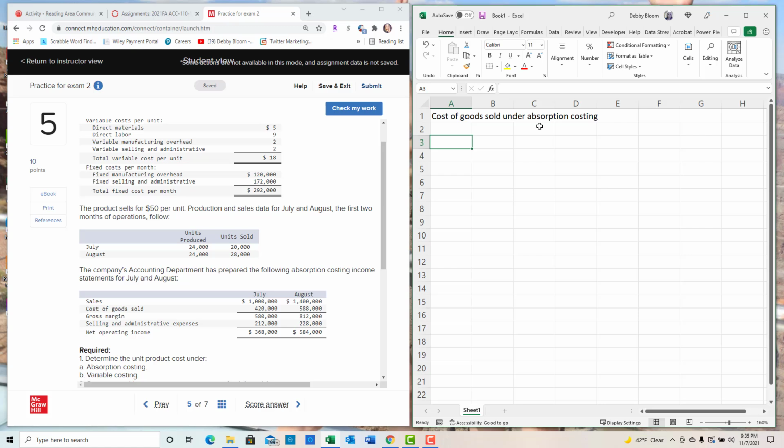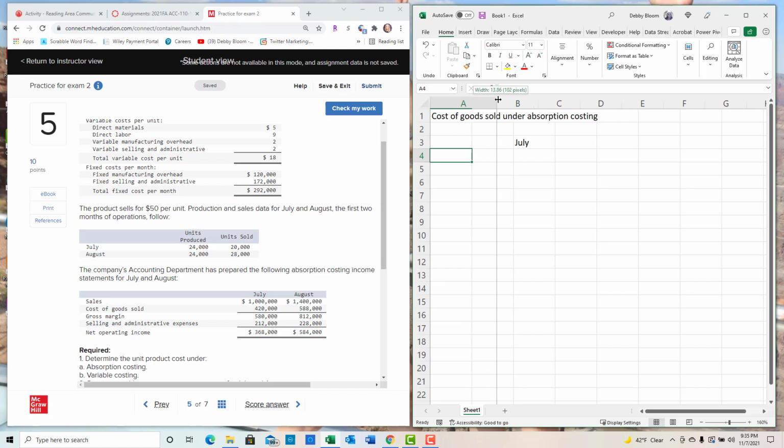Then you're going to divide by the number of units produced. So let's go ahead and do that. First, let's do this for July, and then we'll do it for August. So let's get started first with July. And let's do our calculations.